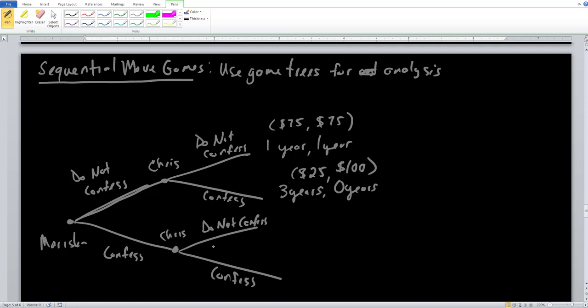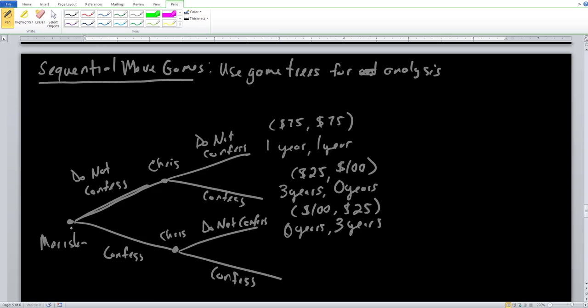Same thing on the bottom half of this tree, it's just going to be symmetric. So Mariska confesses, Chris does not confess, so Mariska gets 0 years in prison, but Chris gets 3 years, and this is where we get the $125 right here.